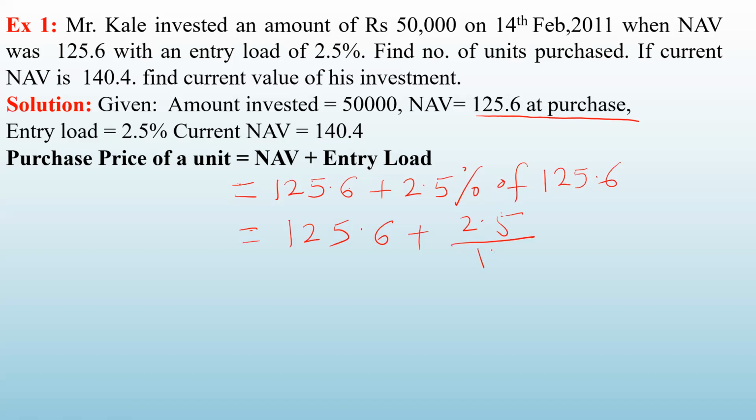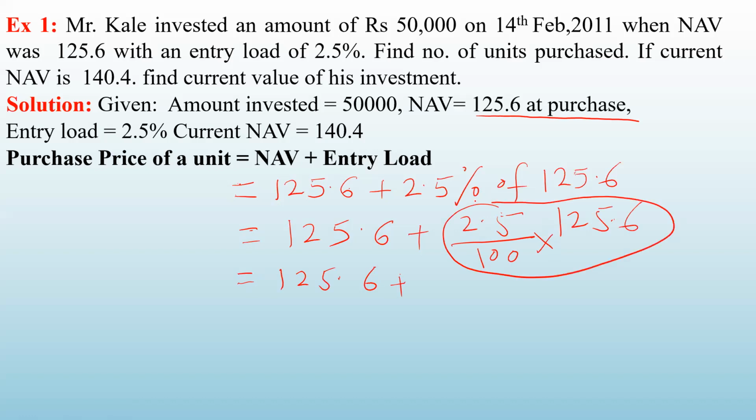How do you calculate? 2.5 upon 100 into 125.6. You have the calculator. I hope everybody is sitting here with the calculator. Along with me, you also have to calculate. So calculate what you get: 2.5 into 125.6 divided by 100.